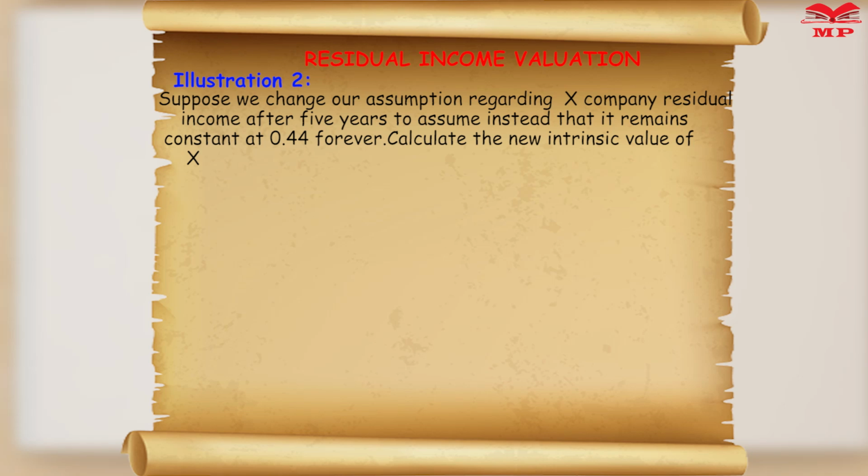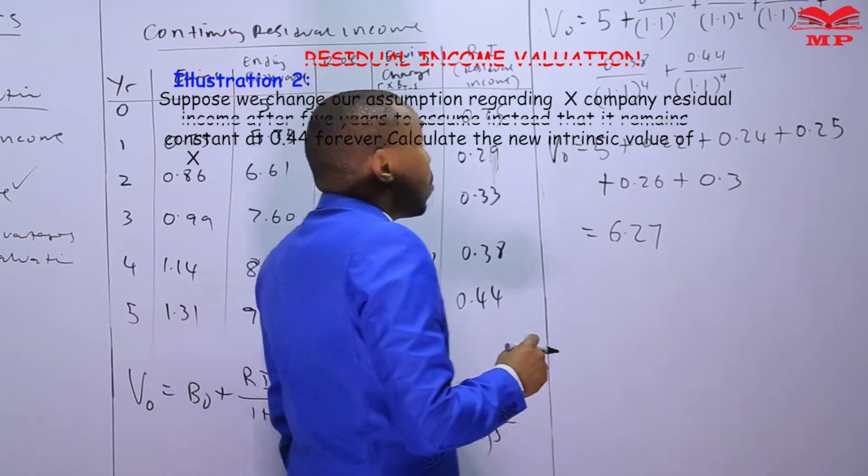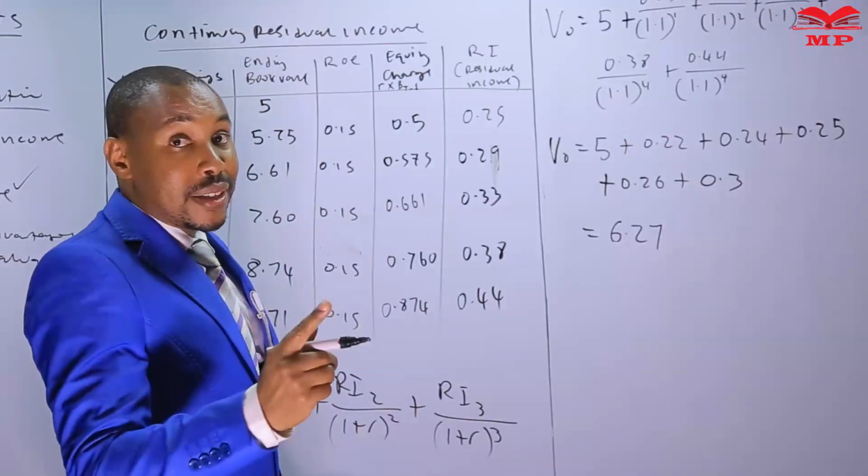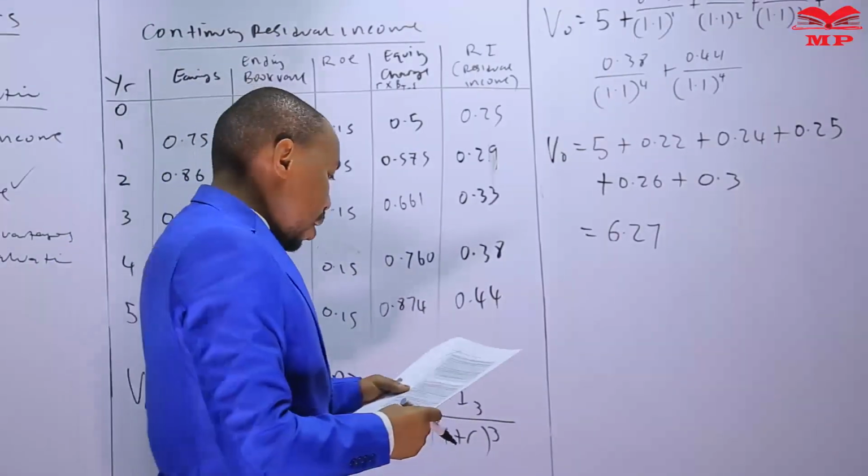Calculate the new intrinsic value of X. So we are saying that the W component or the persistence factor is equal to 1. And once it is equal to 1, it is the first assumption that we will be looking at.